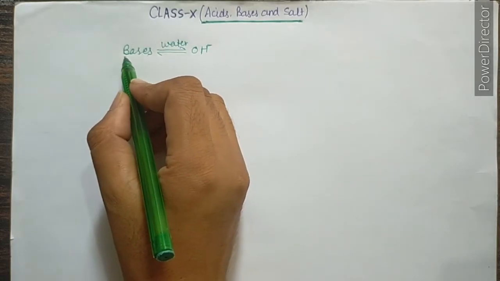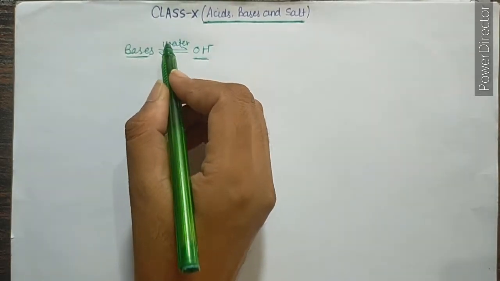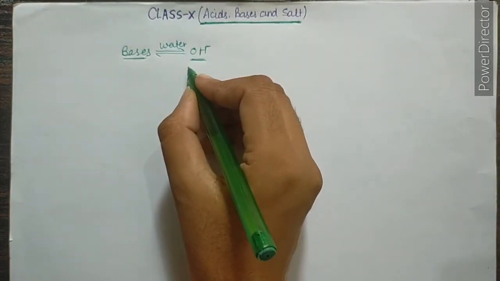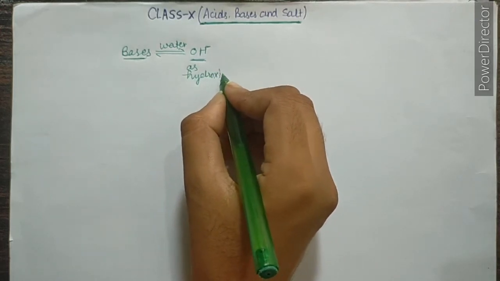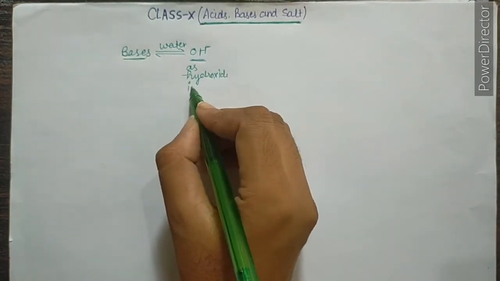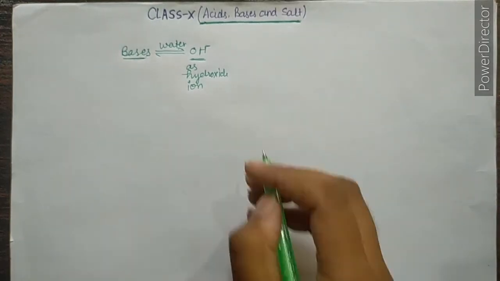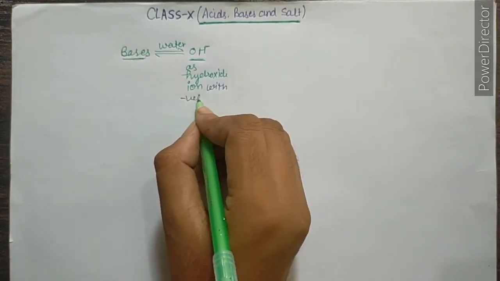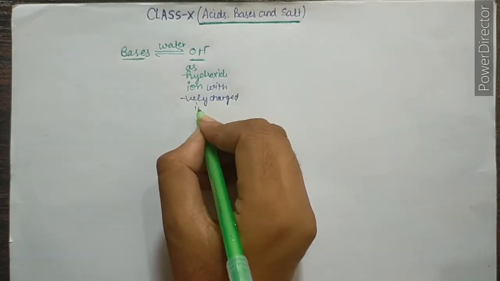A substance which dissociates to give hydroxide ion in water, that is a base. OH negative is the hydroxide ion, a negatively charged ion.